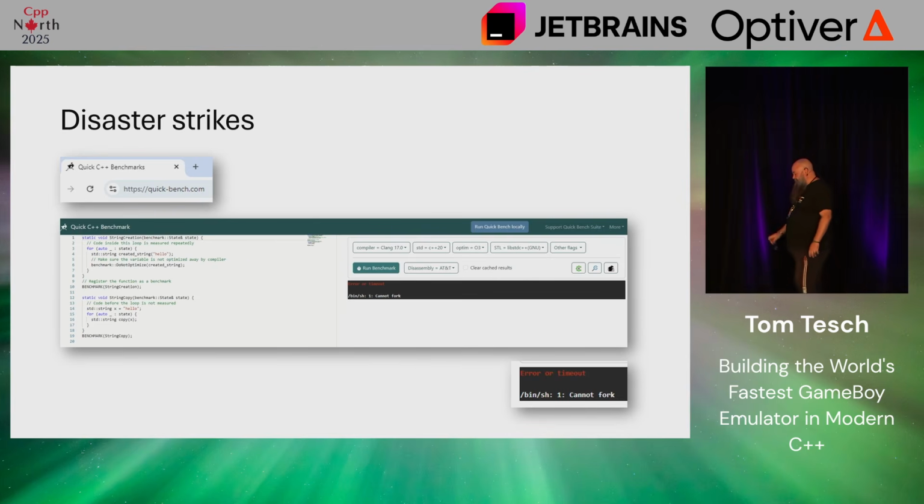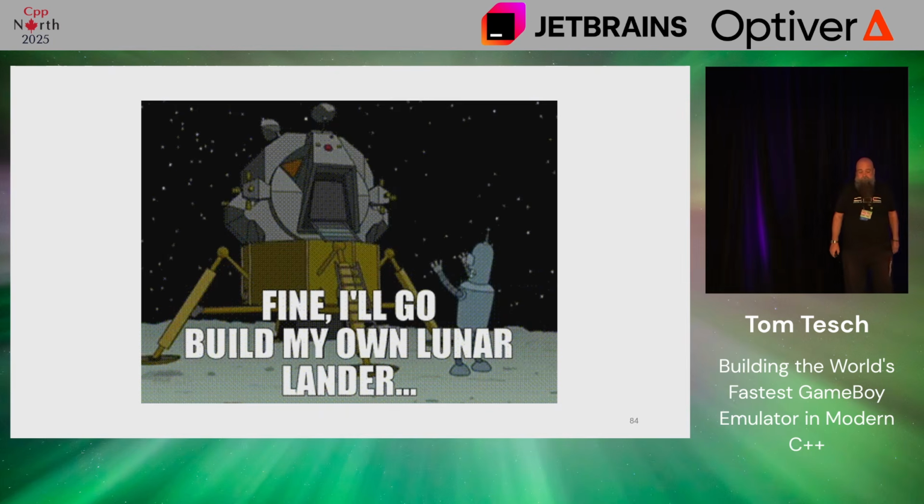While I was preparing the first version of this talk, it's always like that, disaster strikes: QuickBench stopped working. I never had it do that. It was out actually for several days. So yeah, what do you do? Fine, I'm gonna build my own benchmark.